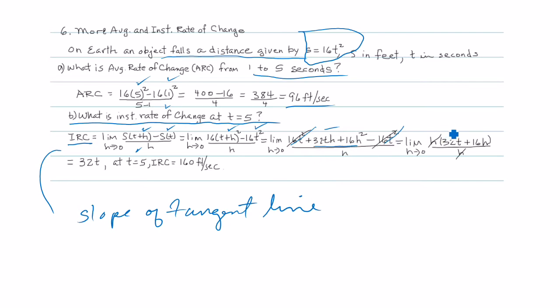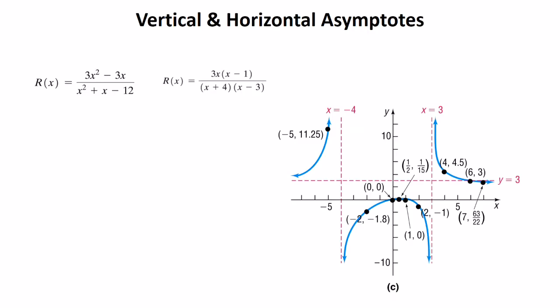You can factor the h out, and there again you have relief from the problem of dividing by 0. You have an h in the numerator and an h in the denominator that cancel. Now you can plug in h equals 0, and you get 32t. It tells you what the velocity is at any time, and at 5 seconds it's 160 feet per second.